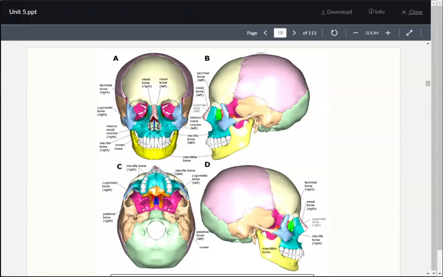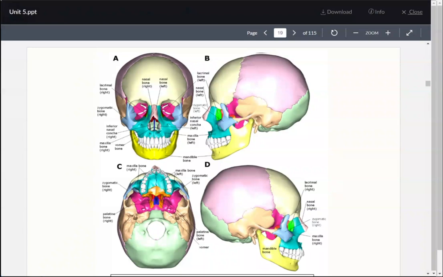There's the vomer bone located back here, behind the nose. It's also shown right here. Oh, they're not showing it. Okay.